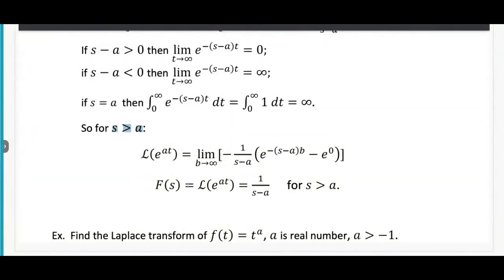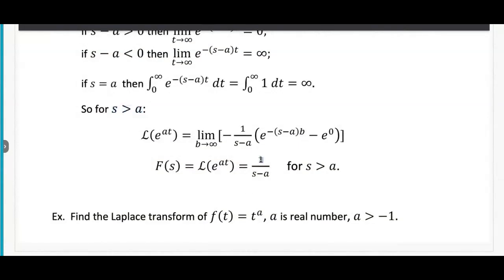For s bigger than a, we have this solution, 1 over s minus a. The Laplace transformation of e to the at becomes a function of s, so 1 over s minus a.